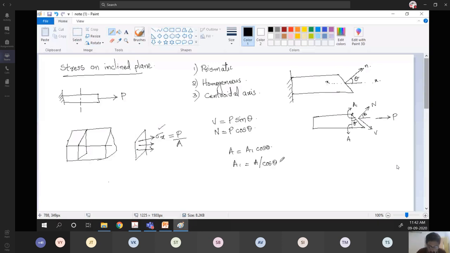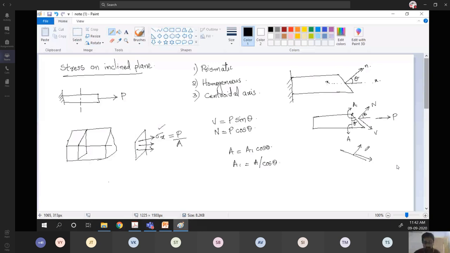Now in this surface, this is the section plane. We are drawing one force perpendicular to the section and one force parallel to the section. We have studied what normal stress and shear stress are.